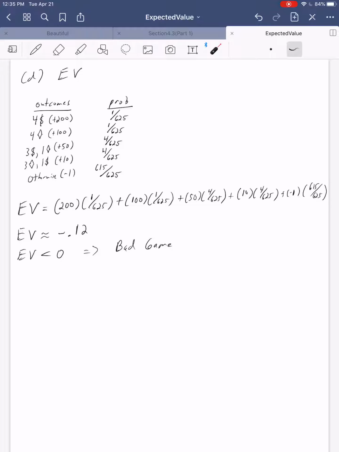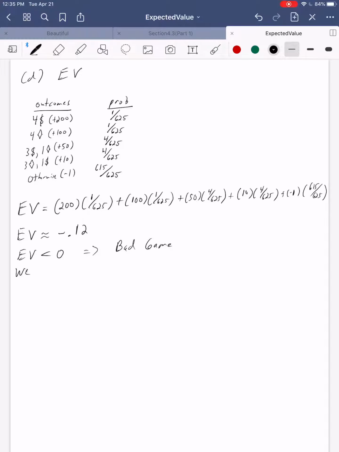So from our perspective, this is a bad game to play because it is negative. From the casino's perspective, obviously, they would love us to play this game because, since this is bad for us, it is good for them. But it is a bad game from our perspective. How bad? Well, 0.12 in terms of money is going to be $0.12 or 12 cents.